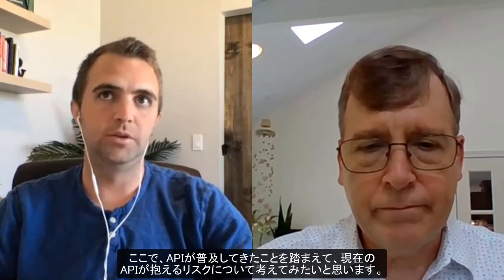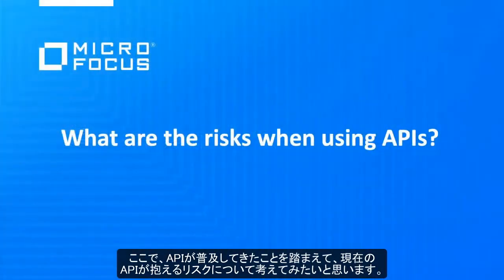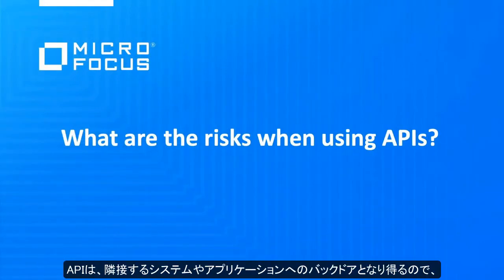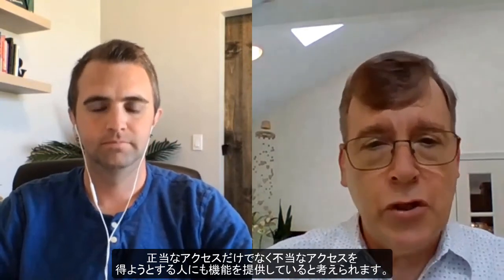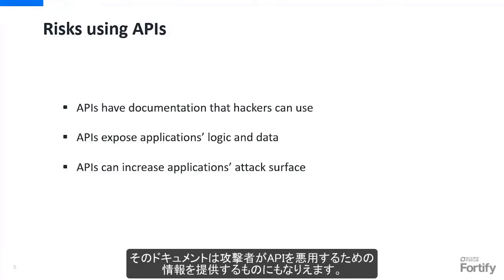As APIs become more prevalent, let's dive into some of the risks that APIs pose today. APIs define a backdoor to adjacent systems and apps for those who are intent on gaining access, both legitimately and otherwise. Detailed documentation is usually available for APIs to provide transparency to the developers. They need to know how the APIs work, and that documentation helps. But that documentation also provides a blueprint for hackers to utilize APIs in their attacks.